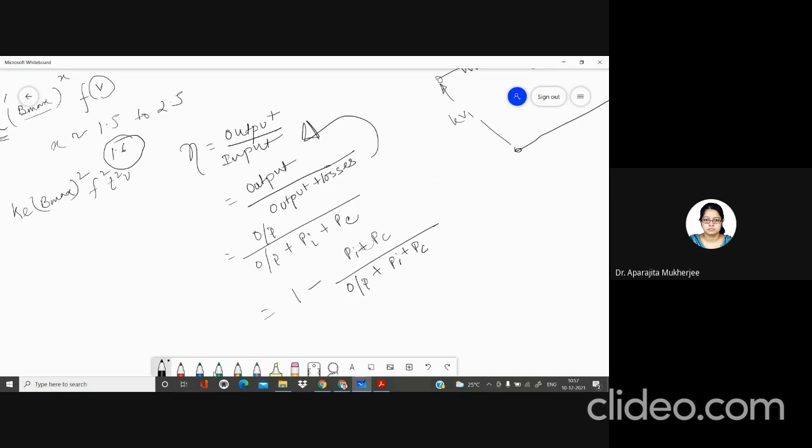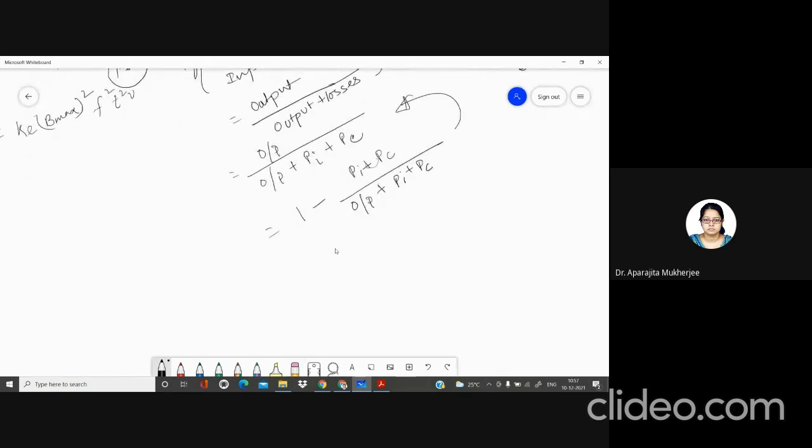If we want to write the modified equation, the output power will be V2 I2 cos phi, since V2 is our terminal voltage on the secondary side, I2 is the secondary current, and cos phi, everyone knows, is the power factor.